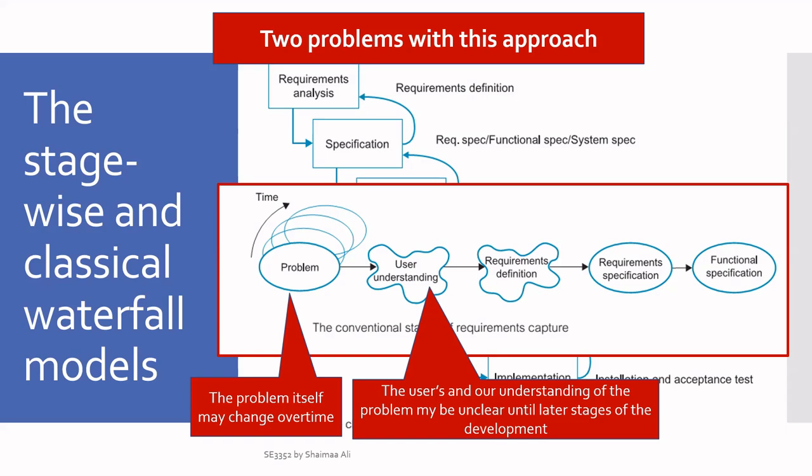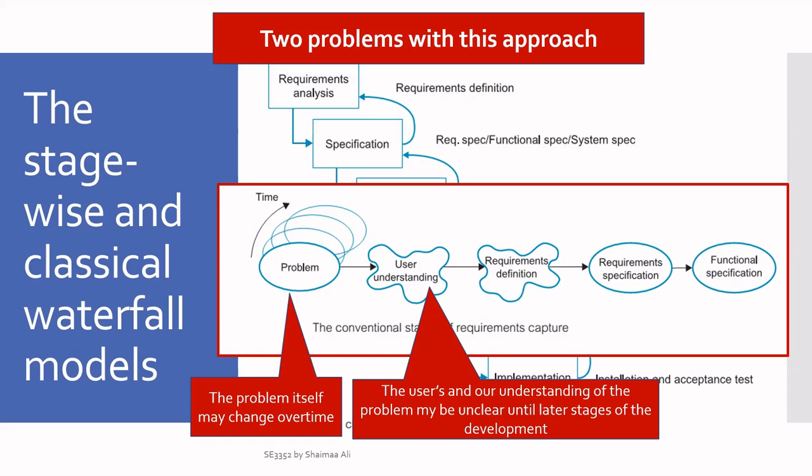It's not like you're building a car and you have to deal with metals and well-known components. You're talking about a software system that has people involved and a lot of ambiguity. So the problem itself changes over time. Even if we just assume for the sake of argument that we have full understanding, that full understanding will become obsolete eventually because the problem itself is going to change over time.